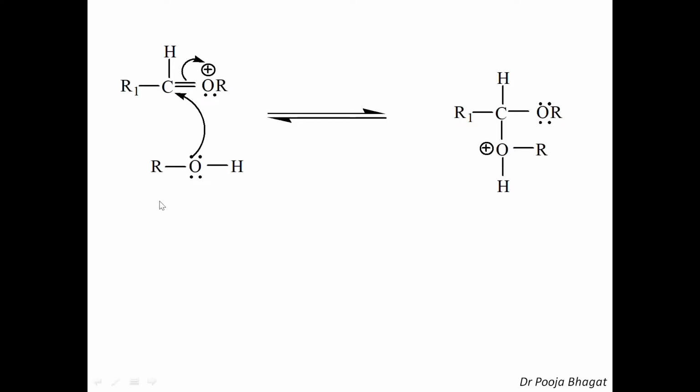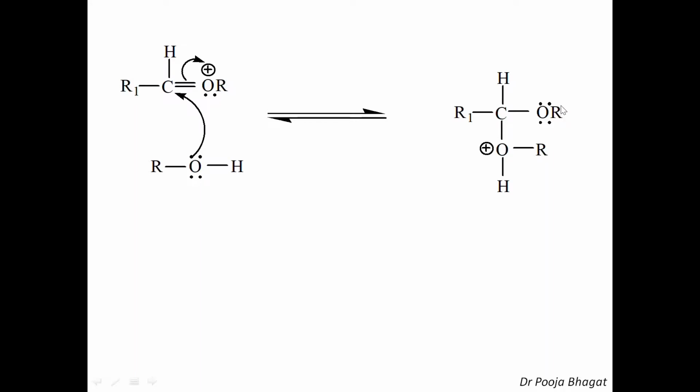Now in the next step, the alcohol molecule will attack. The lone pair of electrons available on the oxygen of the alcohol will attack at the carbon because it is acting as a nucleophile. It attacks at this electrophilic center, and the pi electrons will be shifting towards oxygen. So now what will be the product? This is a single bond. Oxygen becomes neutral, so it is OR.